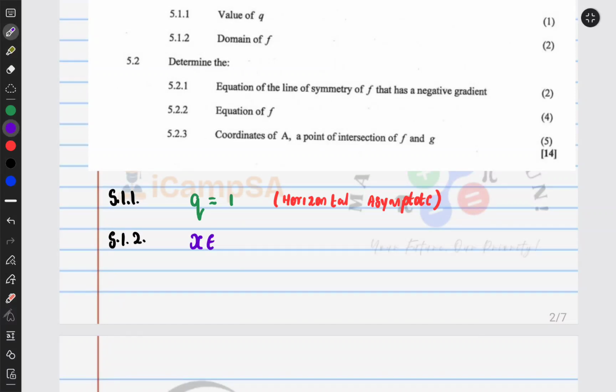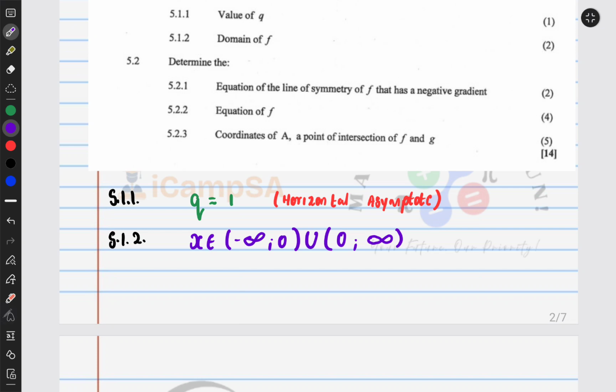x is an element of (negative infinity, 0) union (0, positive infinity).